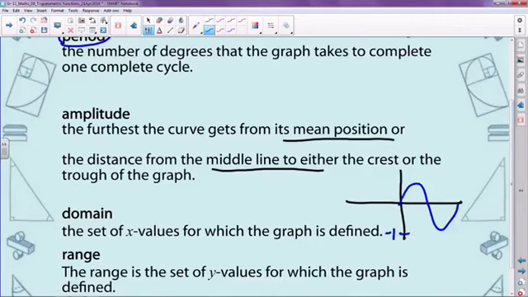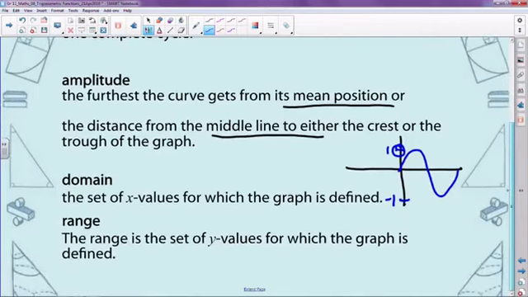That's -1 and then 1. The distance from the middle to either the crest or the trough of the graph, this is the highest point, so it means that the amplitude here is 1.